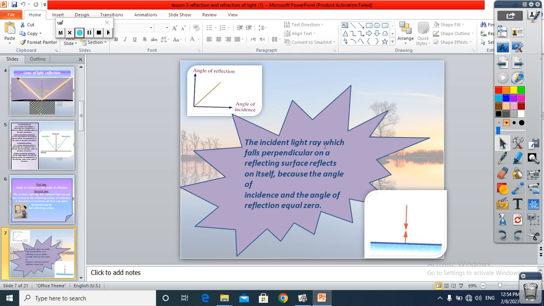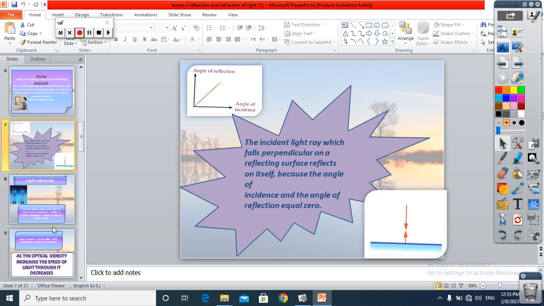The incident light ray which falls perpendicular on a reflecting surface reflects on itself, because the angle of incidence and the angle of reflection equal 0.